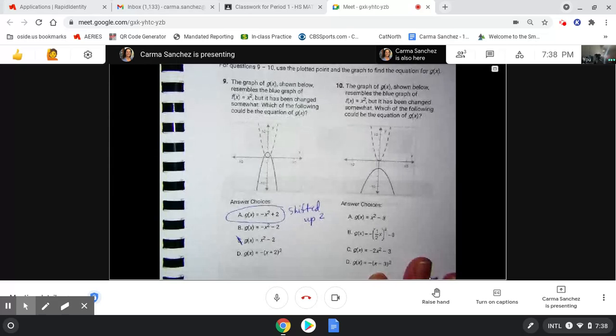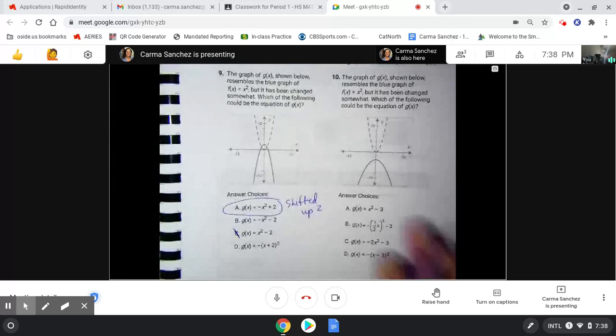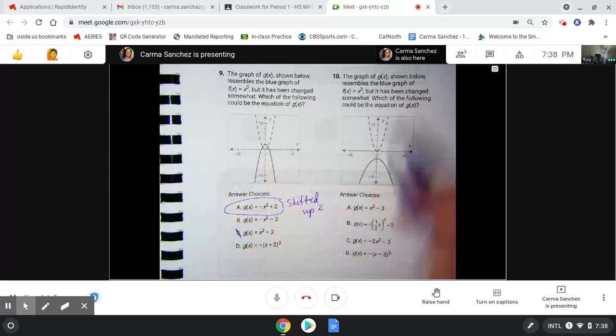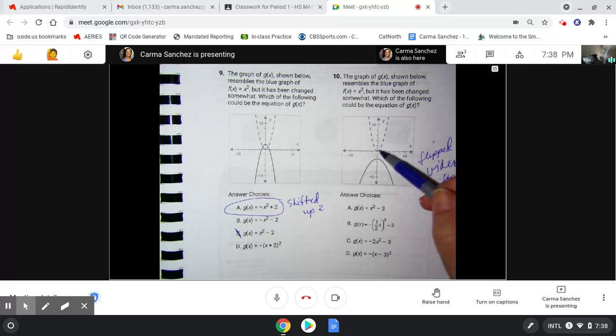How did you do? Last, let's do this one again. Pause the video before I give the answers and see how you did. If our normal graph was here, notice that this is not only flipped, but it's a wider graph. It's flipped, it's wider, and it's been shifted down. And so let's look. This is 2, 4, 6, 8, 10. So it's been shifted down 3.